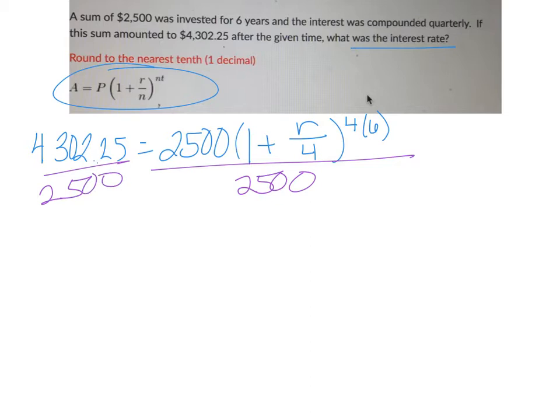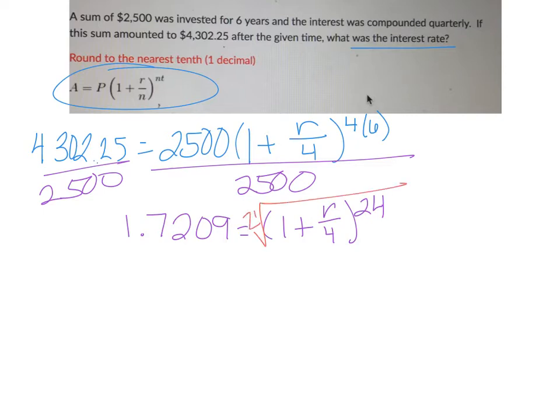When I do that, I'm left with 1.7209 on the left and 1 plus R over 4 to the 24th on the right. Next step. Well, if I want to get rid of this 24th, let's take the 24th root of both sides.